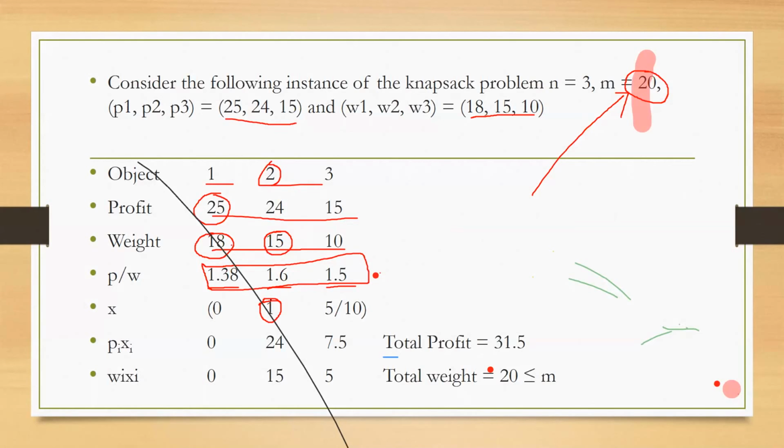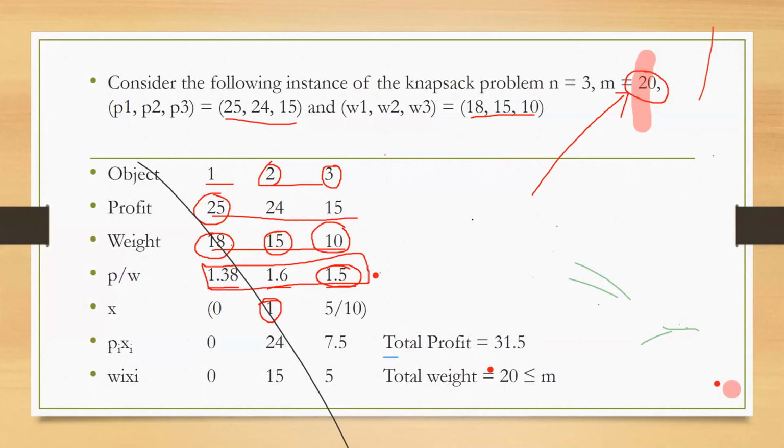Now let us move to the next one. The next biggest profit by weight is 1.5. So you have to consider object number 3 now. Look at its weight. Object number 3's weight is 10. But what is the remaining weight in the knapsack? Only 5.